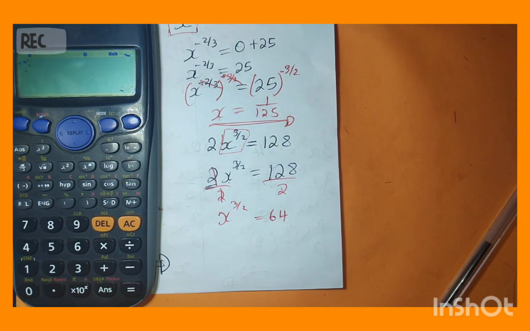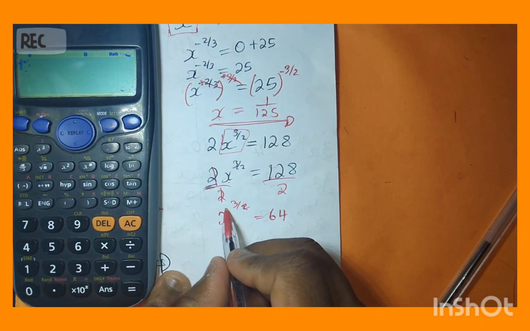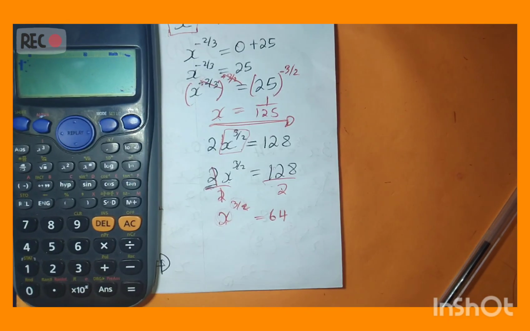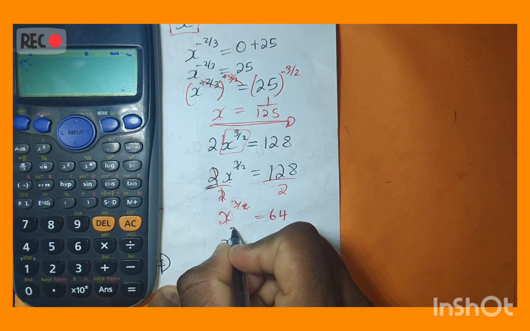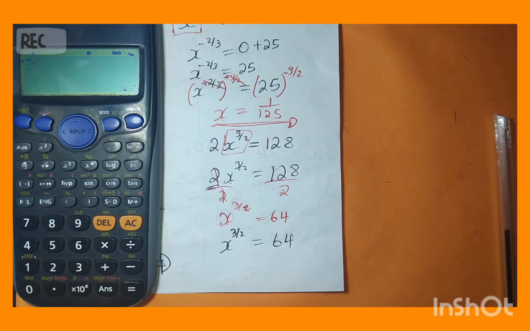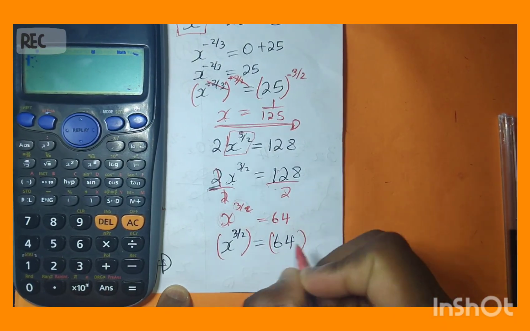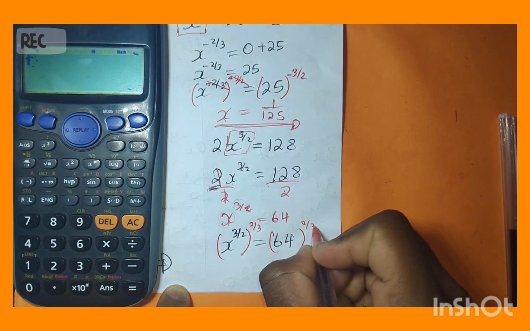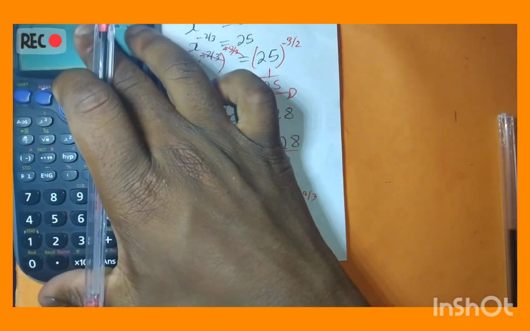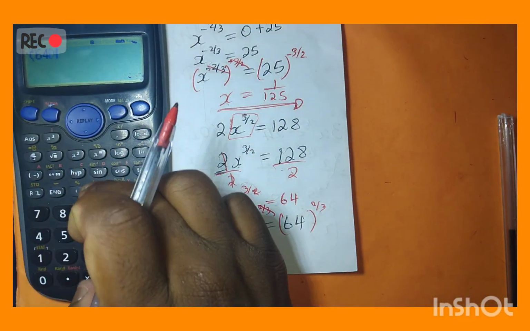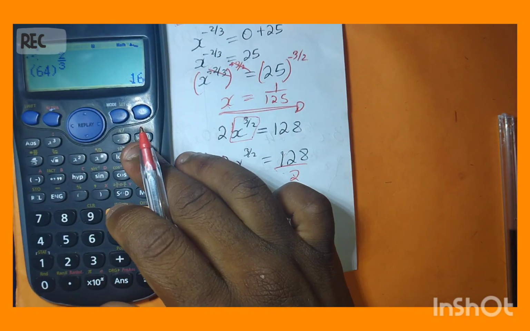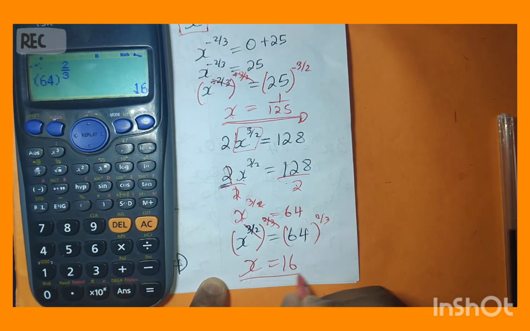Yeah, and now in this case, if I got only one base which got exponent fraction, I can take its reciprocal on both sides. Something like this, which will be 2 over 3, 2 over 3. These get cancelled, and I got x there. Now I can just press my calculator, 64 to the exponent of 2 over 3. So it means here I'll just get 16 there.